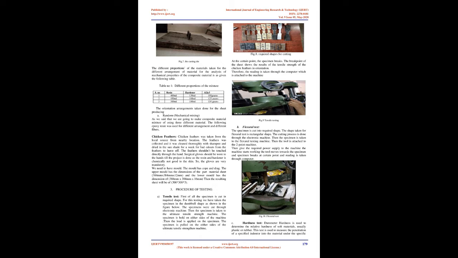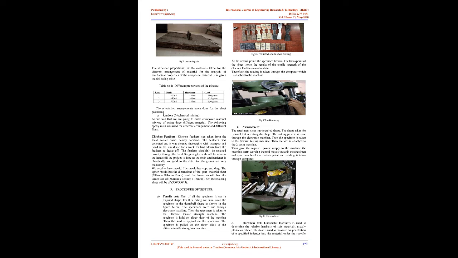3. Procedure of testing. A. Tensile test. First of all, the specimen is cut into the required shape. For this testing we have taken the specimen in the dumbbell shape as shown in the figure below. The specimens were cut with an electronic machine. Then the specimen is taken to the ultimate tensile strength machine.